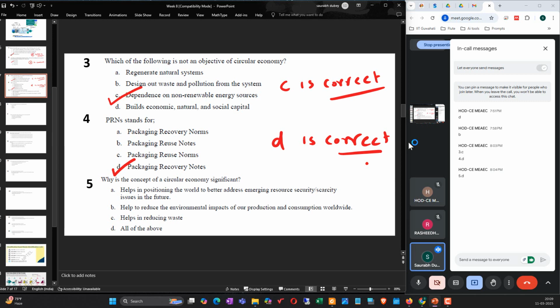C, helps in reducing waste, and D is all of the above. The one he has attempted is D, all of the above. It is clear from the options themselves, so the answer is correct again.